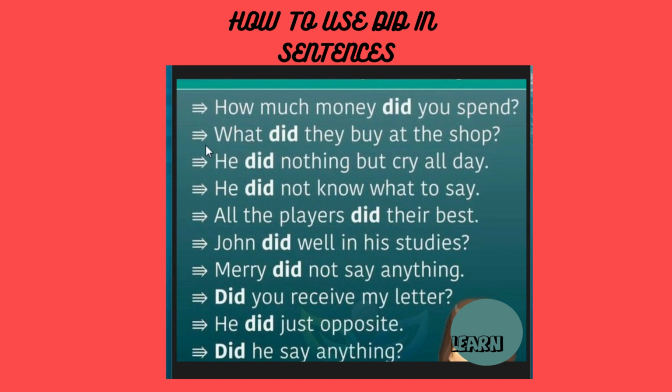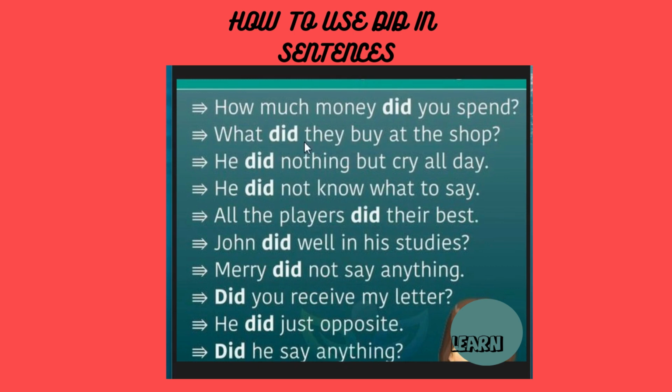So when we want to ask a question about past actions, we usually use did. What did they buy? What did they purchase? These people went to the shop and bought something, and this person wanted to know what things they bought.